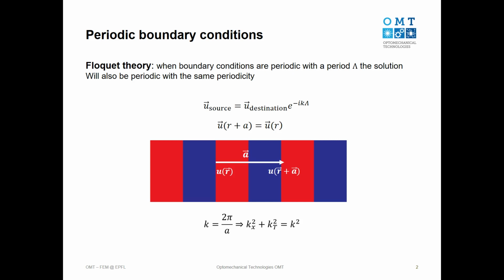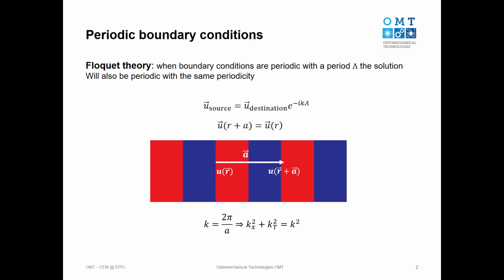The whole interesting feature of these equations was this boundary condition that your structure is periodic with a periodicity, let's call it A, and due to the Floquet theorem we know that the solutions of these structures should also be periodic with the same periodicity as the geometrical periodicity. So this is an important remark to keep in mind.